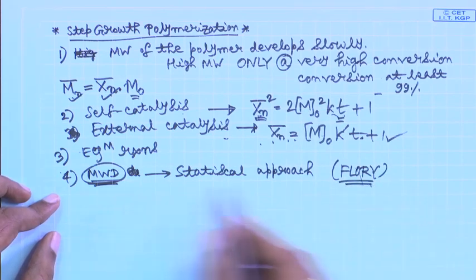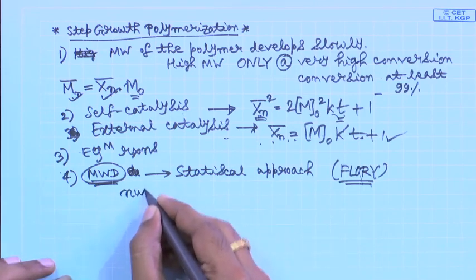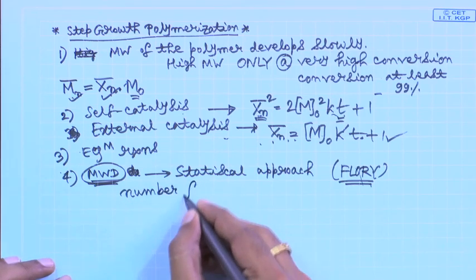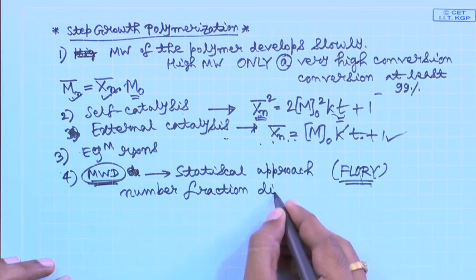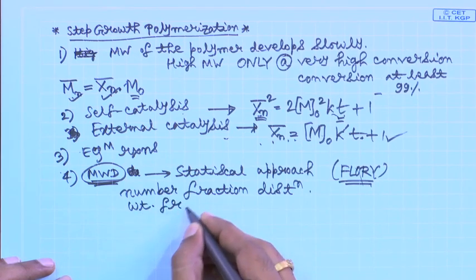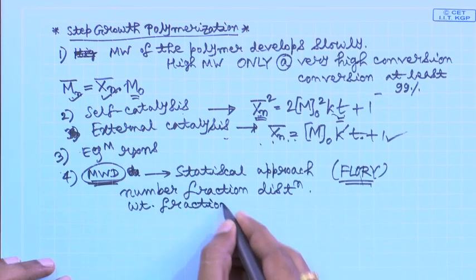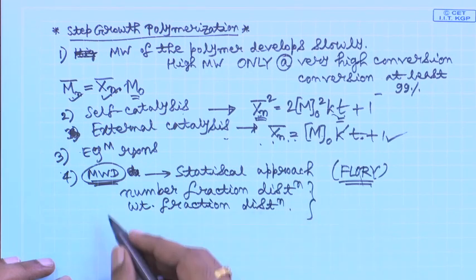And so, with this approach we got expression for number fraction distribution and weight fraction distribution that we will observe for step polymerization reactions.